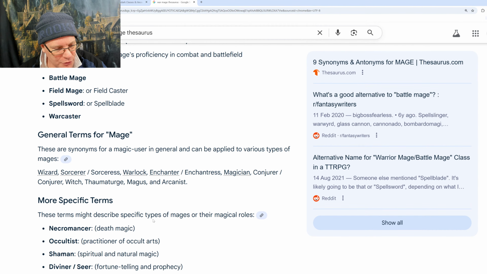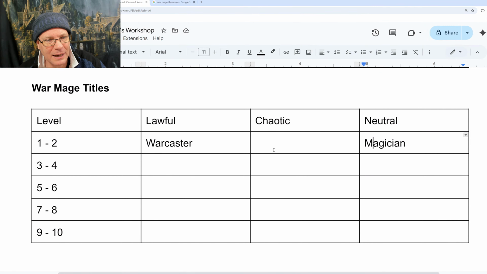We could call him a conjurer, but wizard's already got that as a title, so we can't do that. Thaumaturgy. Magus. Magus is a potential name. I may have already used it. Arcanist, that is potentially a name that we could use. Arcanist. So let's go here with Arcanist.